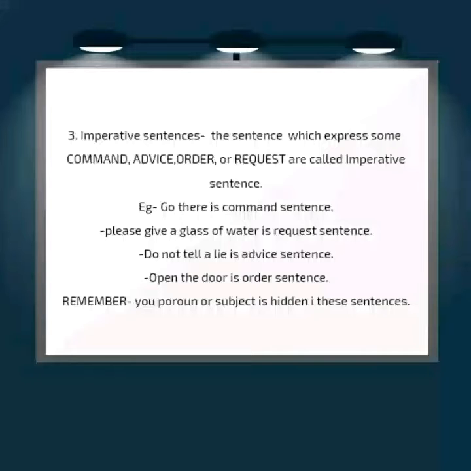This is an order sentence. Do not tell a lie. This is an advice sentence. Please give me a glass of water. This is a request sentence. Open the door. It's an order sentence. And remember one thing in imperative sentences, the subject is hidden in imperative sentences.